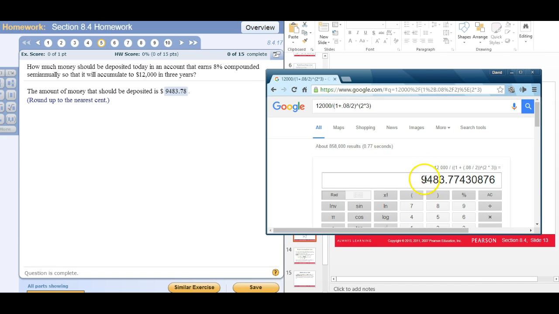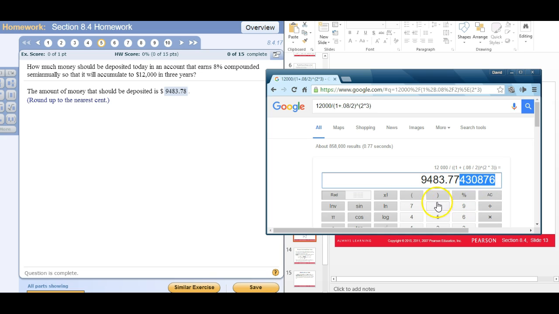Alright, and 9483.774. Now this would round to 77. 78 is our answer. It says right here, round up to the nearest cent. We're rounding up because if we truncated, if we rounded down, this was my original deposit, and I need this extra bit on there to get there.